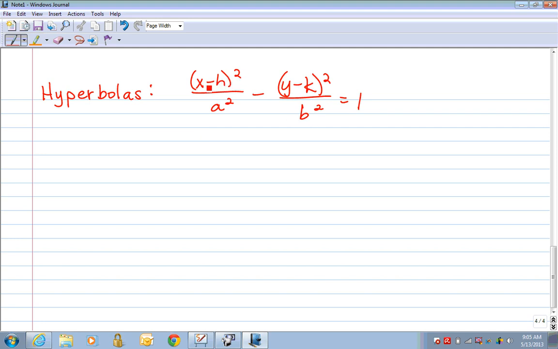But the hyperbola, depending on vertical or horizontal, we look at the first numerator, and if x is first, that's horizontal. And if y is first, it is vertical. So I'm just going to give you this example showing you for the horizontal transverse axis. And we'll just switch that in the equations for the vertical in just a moment.